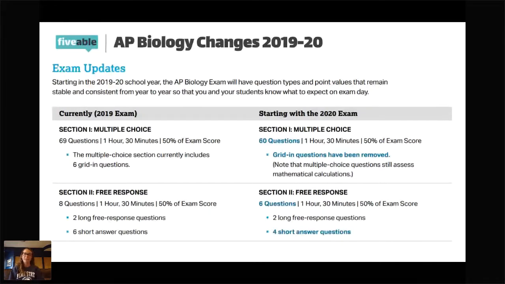Math will still obviously be a large part of the multiple choice and the free response, but it just won't be explicitly tested in those 6 questions. So less questions, more time per question therefore, and none of those explicit grid-ins.